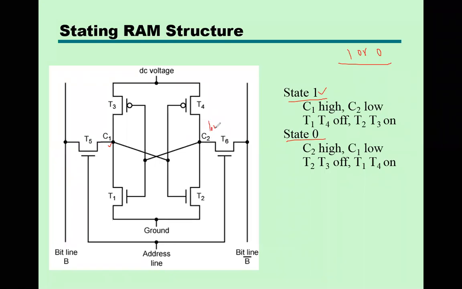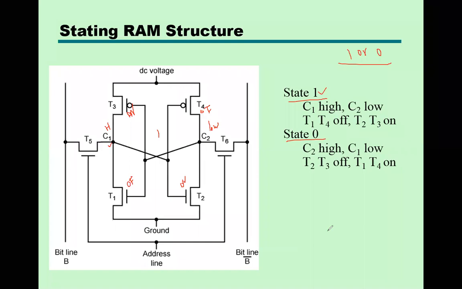T1 and T4 are off, and T2 and T3 are on. At that time this cell is holding 1.